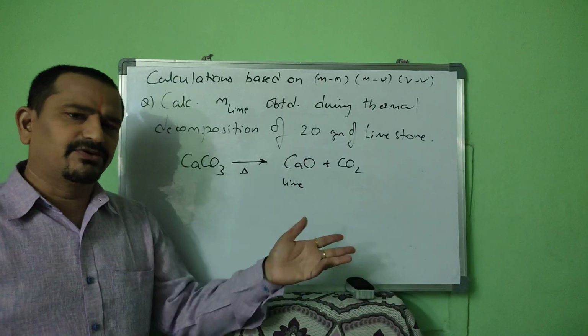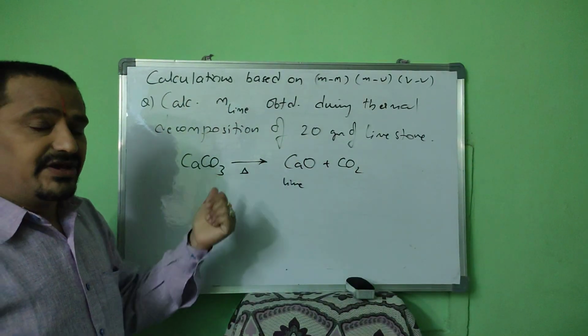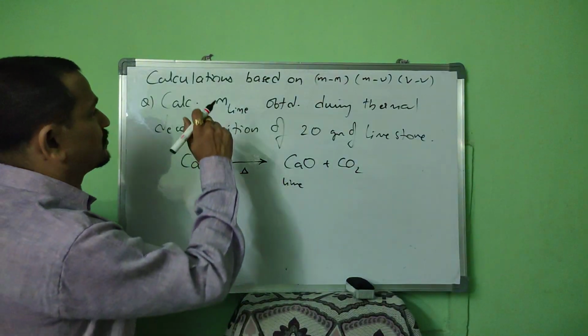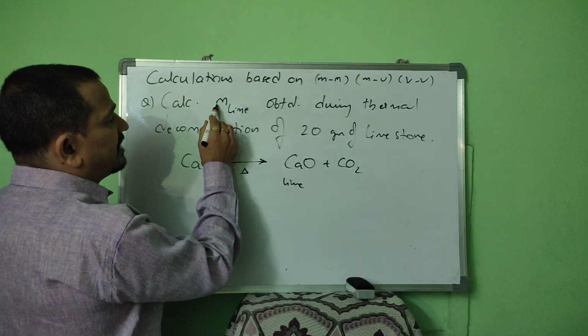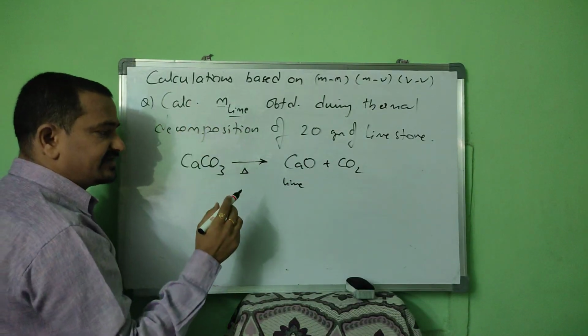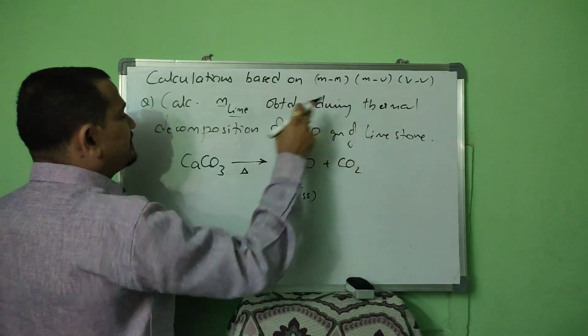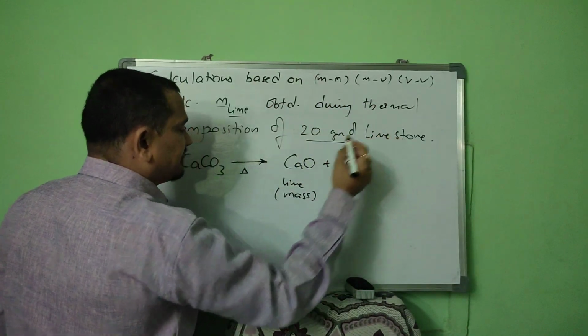It may be reactant or product or both reactant as well as product. About what substances the question is dealing with. Read the question. Calculate mass of lime. Where is lime? Its mass we have to deal with, obtained by thermal decomposition of mass of limestone.